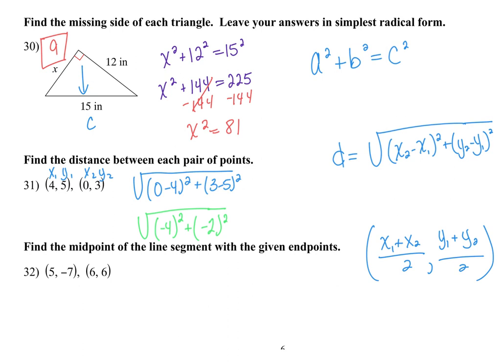When I square it, it will be positive. Square root of 20. I am not going to leave it that way. I need to do my factor tree, which is 2 times 2 times 5. So this will simplify to 2 square root of 5 when I do my factor tree.